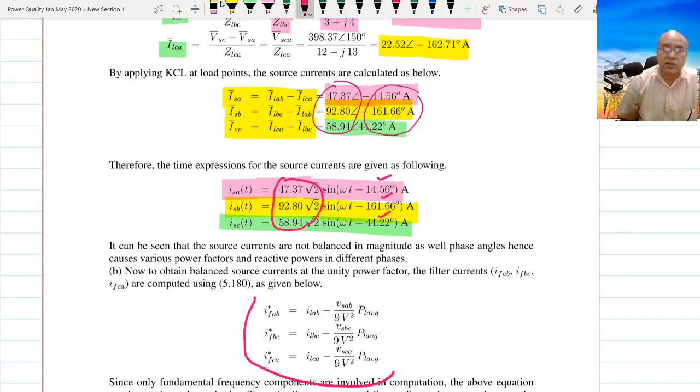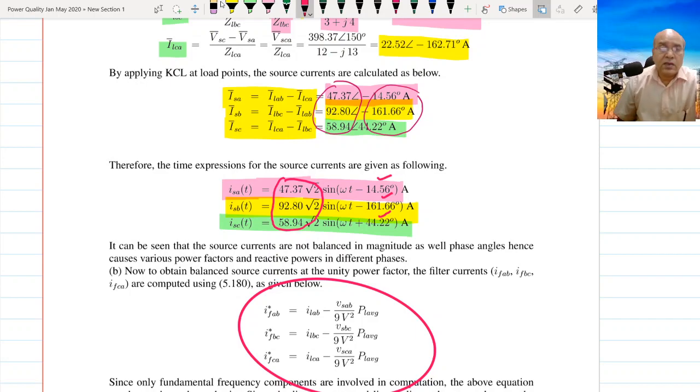Okay, you can recall these were the expressions for the currents.